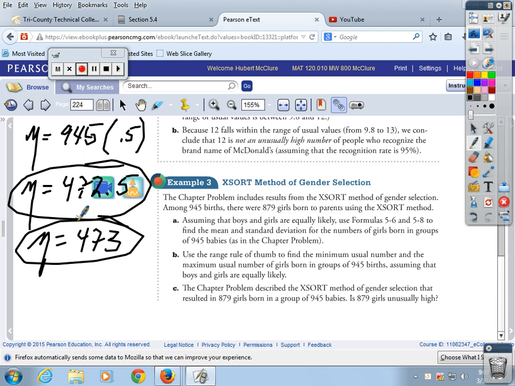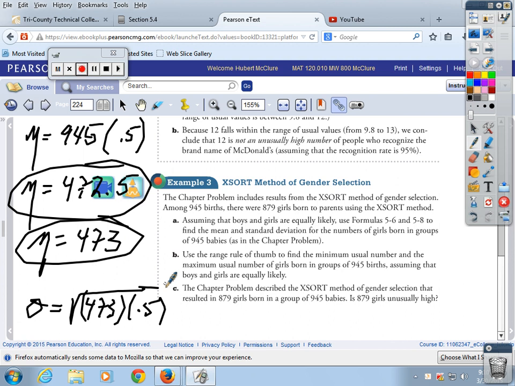And let's find our standard deviation. Square root of 473 times 0.5, because 0.5 is your q. So half of 400 is 200. Half of 72.5 is 36.25.